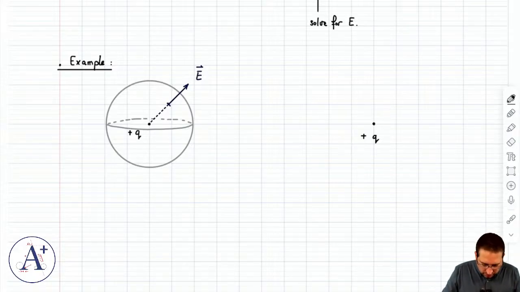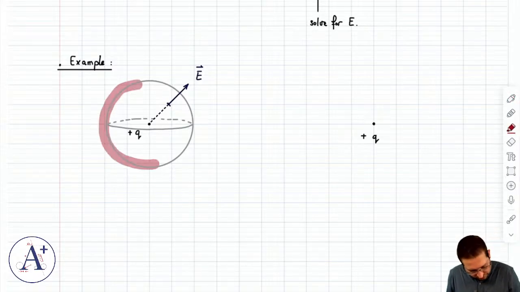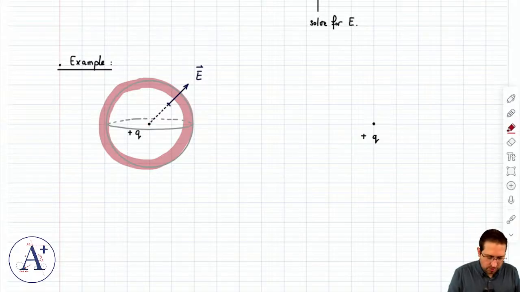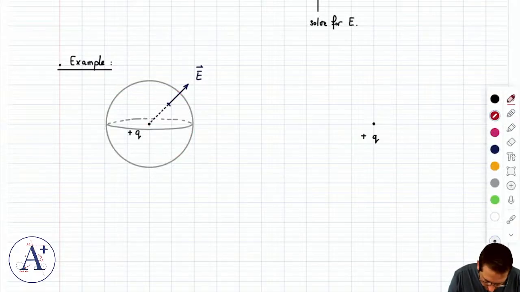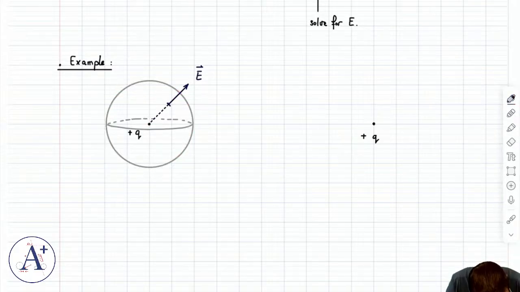Okay, we would like to figure out the electric flux through a closed surface, and we would like to choose a surface over which the electric field is constant in magnitude and direction. Well, if you have spherical symmetry, all the points on the surface of this sphere are the same distance from Q. So everywhere you look, the electric field is going to have the same magnitude on the surface of the sphere by symmetry.